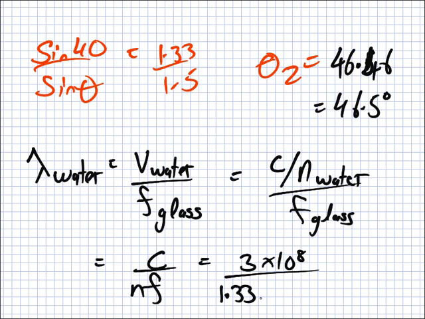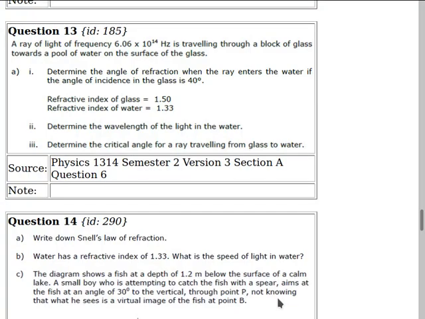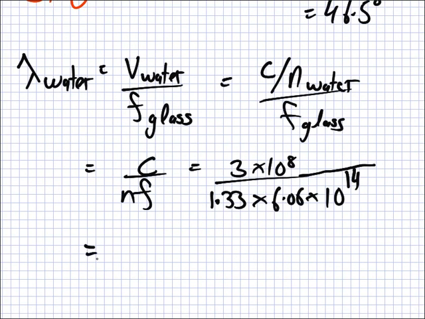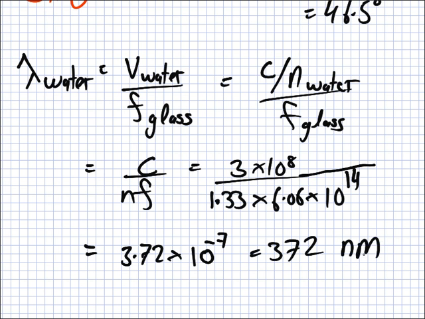Yes. And the frequency here is 6.06 times 10 to the 14. What do we get for that? 3.72 times 10 to the power of minus 7. So that's 372 nanometers.